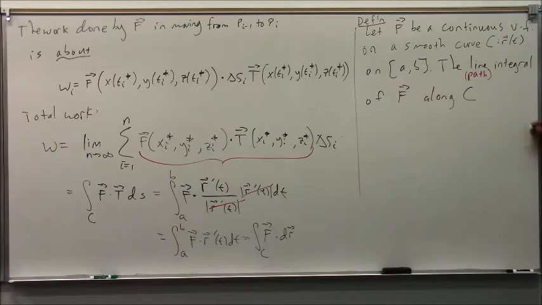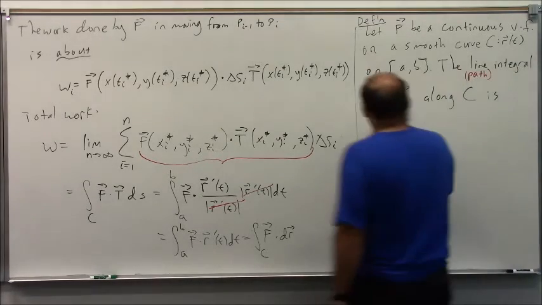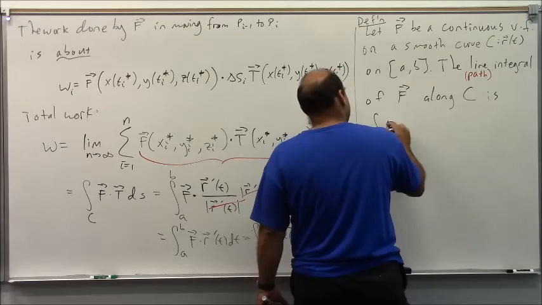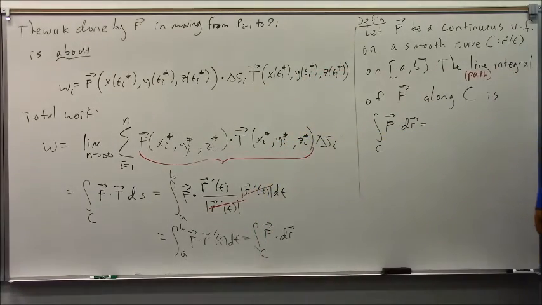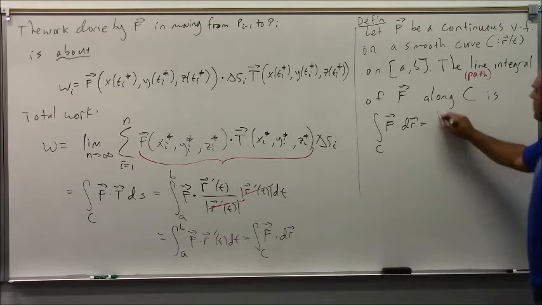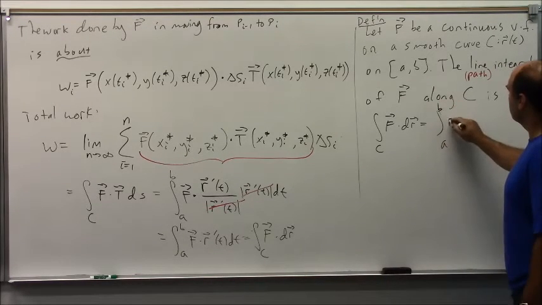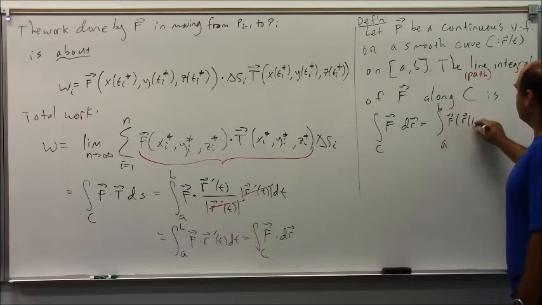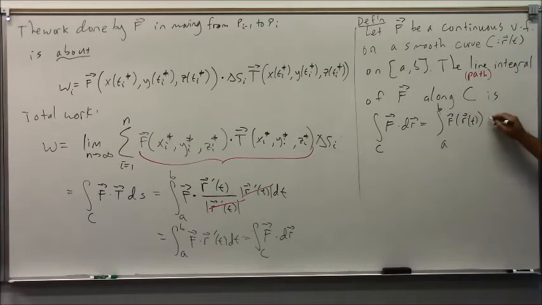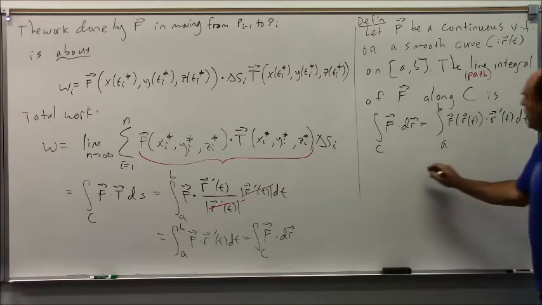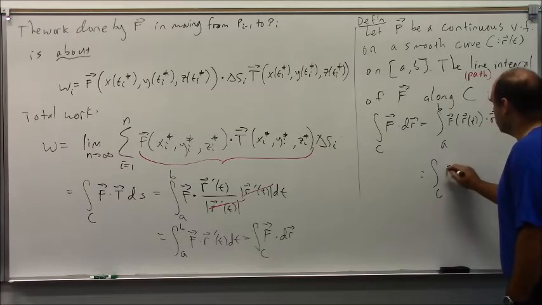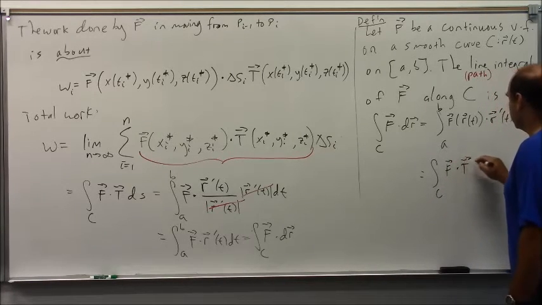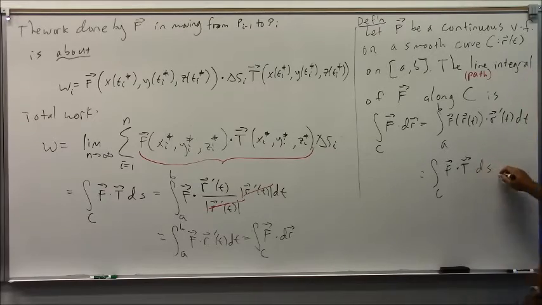The line integral of f along C is path integral over C of f dot dr, and it is defined to be the integral from a to b of f of r of t dot r prime of t dt, and also path integral over C of f dot the vector t ds.